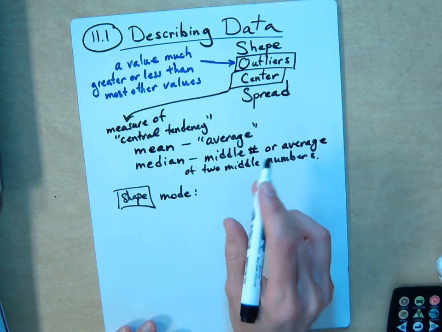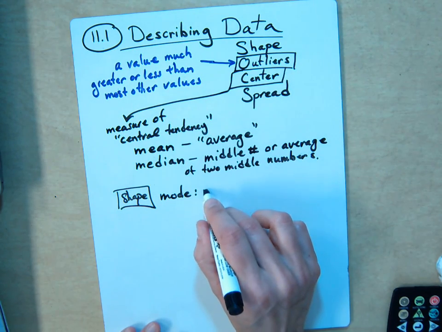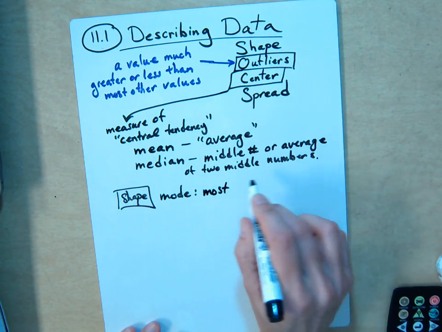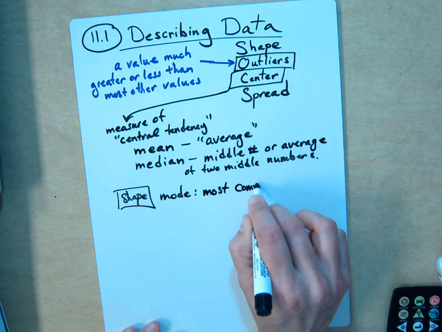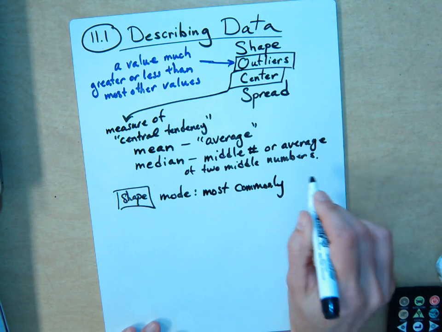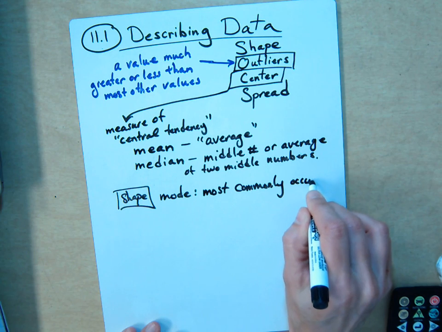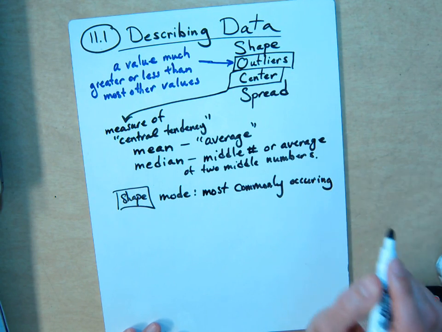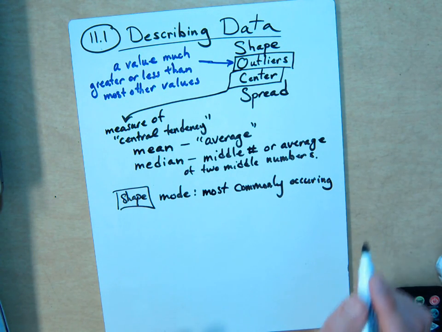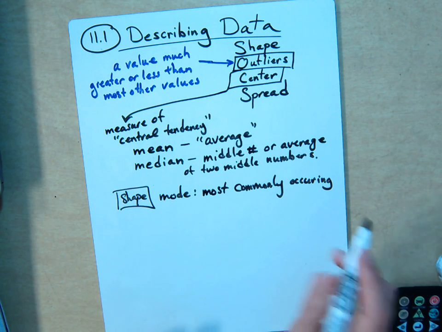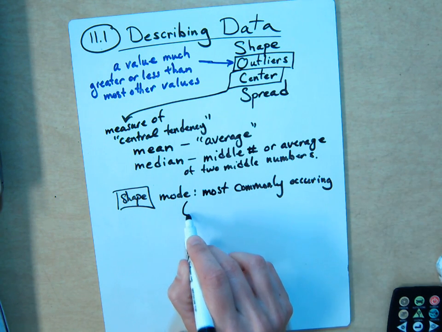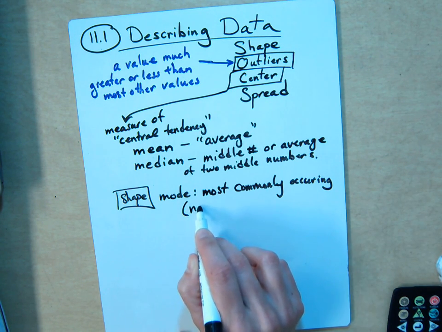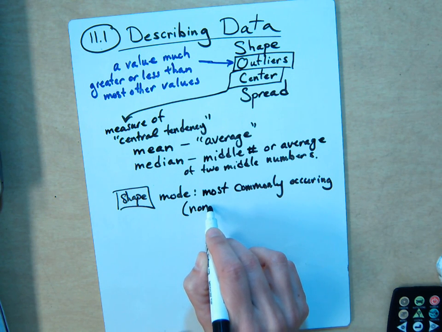But the mode is the most commonly occurring value. And you might have nothing that occurs more than once. If they're all unique, then you would say there's no mode.